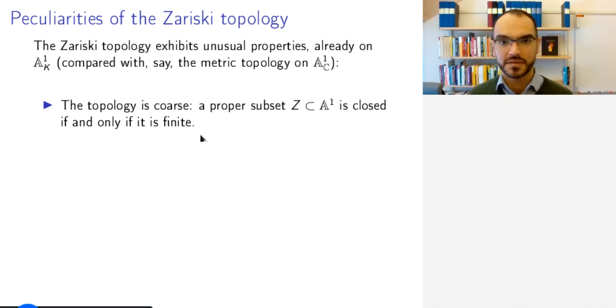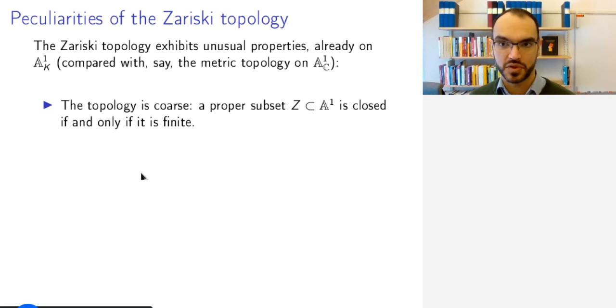So in other words, the only closed subsets, aside from the empty set and the line itself, will be the finite subsets. And this means that the open subsets will be the cofinite subsets.